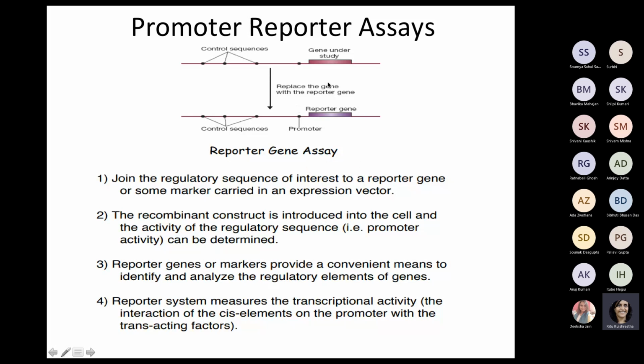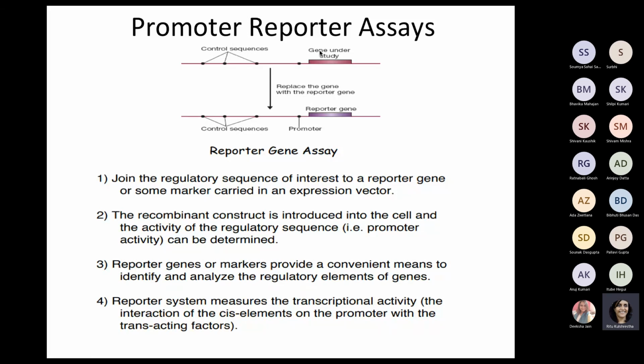So now I have two categories of cells, in both of which I have transfected my clone. In one, I give normal condition, and in another, cells growing in a well, I give a heat shock. In response to heat shock, if I see higher GFP activity, then I'm sure that there is some change in the promoter, or some transcription factor comes and binds to the promoter, which leads to induction in the transcription of that particular gene.